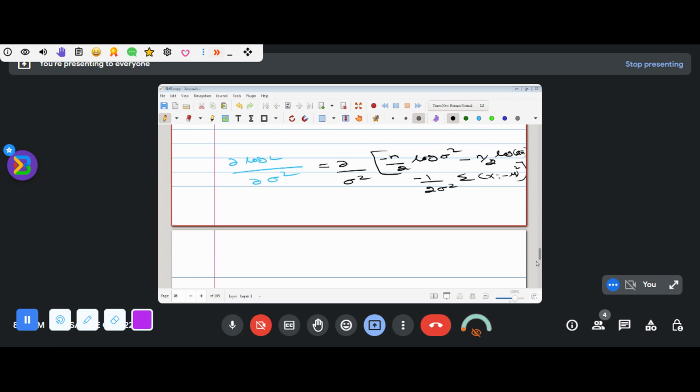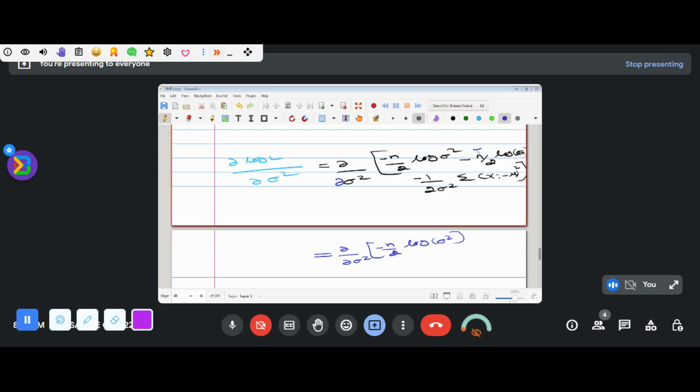Now we want the derivative of this one, dou by dou sigma square. Separately we want to find it. Dou by dou sigma square of minus n by 2 log of sigma square. This is the first one.